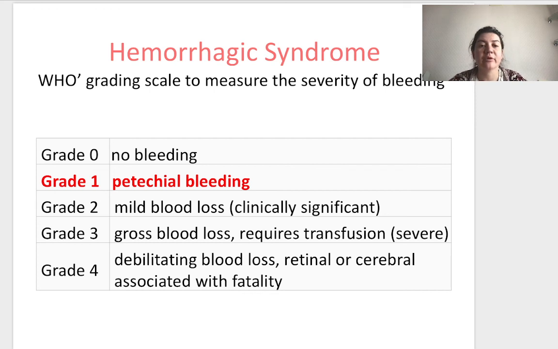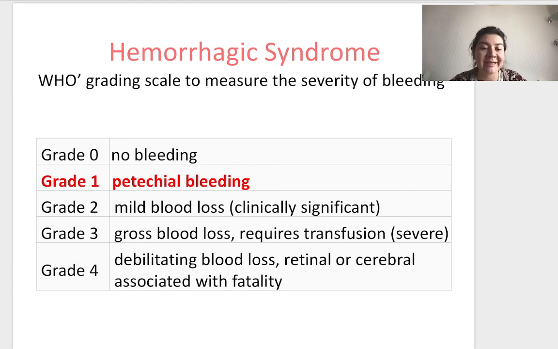According to the World Health Organization, we can grade hemorrhagic syndrome into 4 grades. Grade 0 is no bleeding. Grade 1 is petechial bleeding. Grade 2 is mild blood loss, clinically significant. Grade 3 is gross blood loss, requiring transfusion, or severe bleeding.